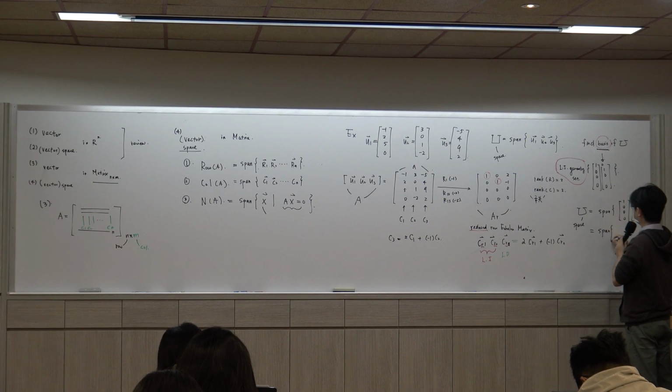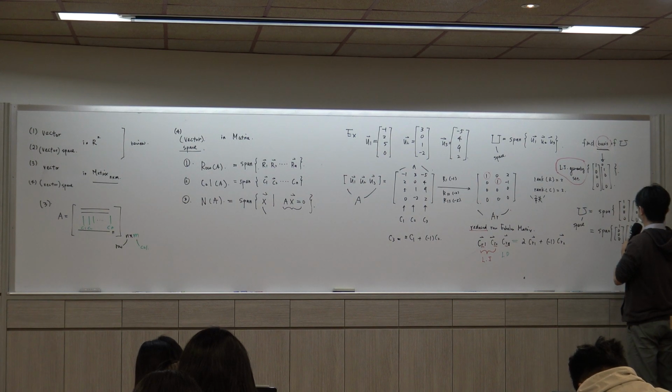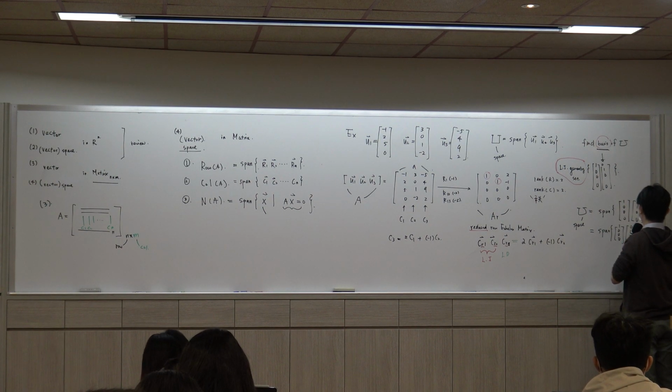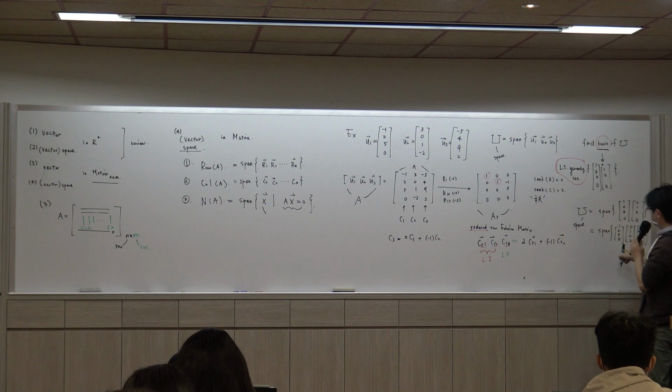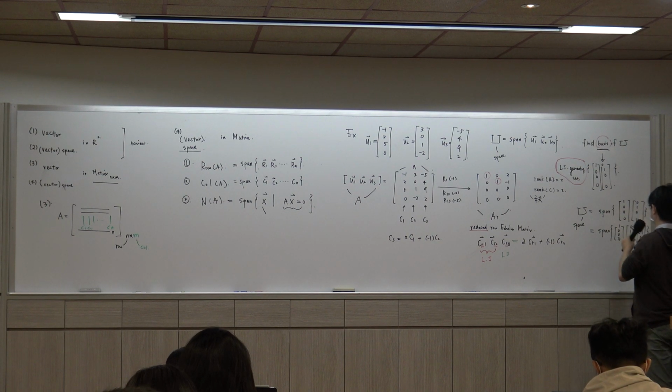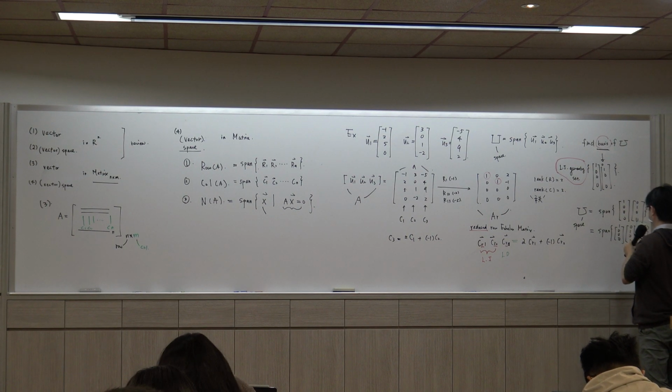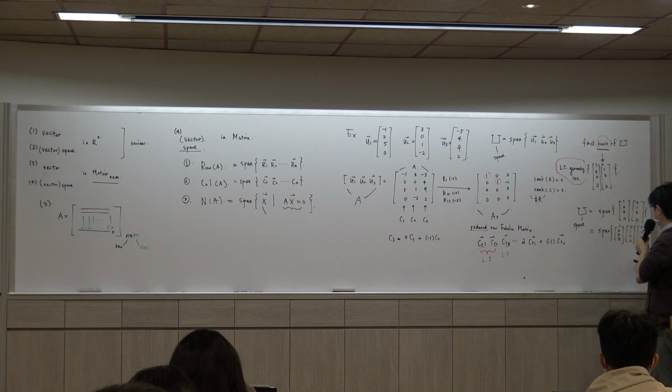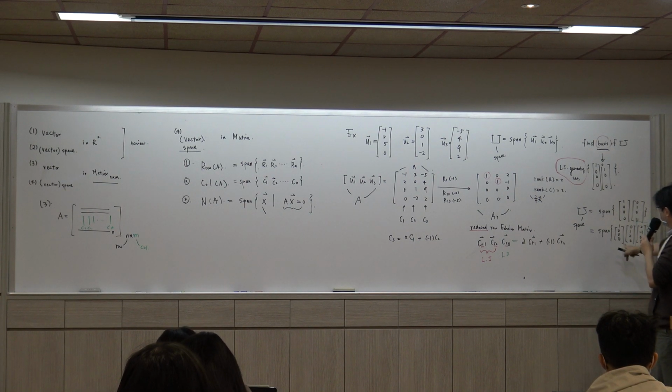Here you have the third vector, but the third vector is based on a linear combination of the two vectors.